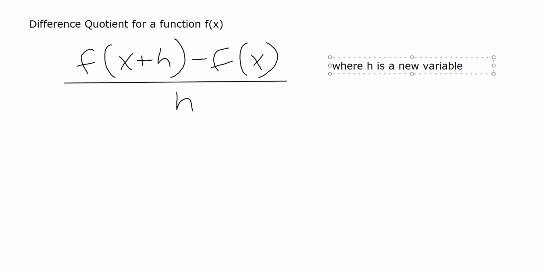We're just going to assume almost like it was just the variable y or z. We're just going to throw it in there.